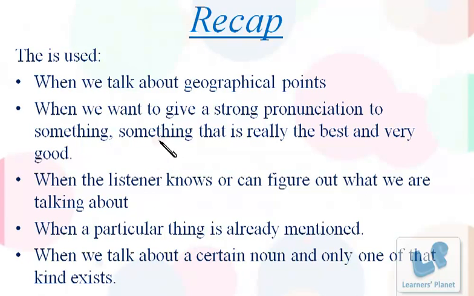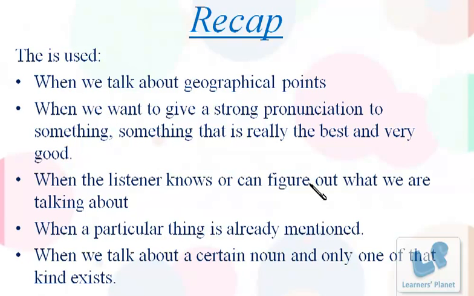Let us take one example of each. Geographical points. So we can say that the Himalayas are situated in India. Strong pronunciation to something. Let us take a shopping mall, suppose ABC. So the ABC mall is the best place to go, or the ABC mall is the place to go.